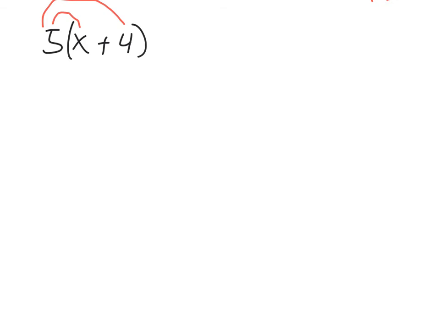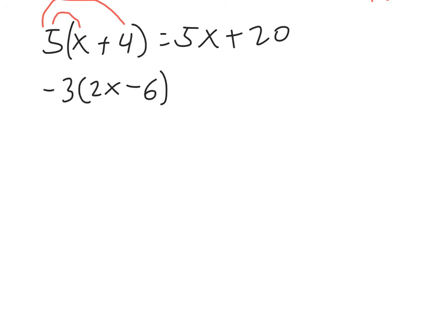So 5 times x will give us 5x, and 5 times 4 will give us 20. And it's fully simplified. Do remember that we can't combine an x and a number. So this 5x has to stay 5x, and this 20 has to stay 20. We can't combine these any further.